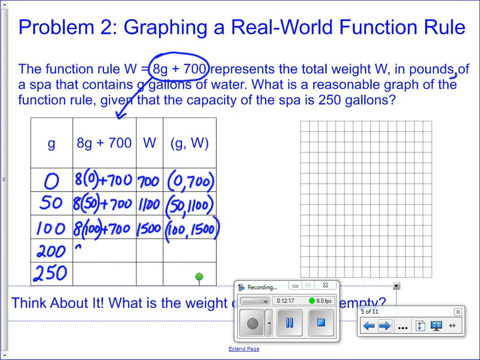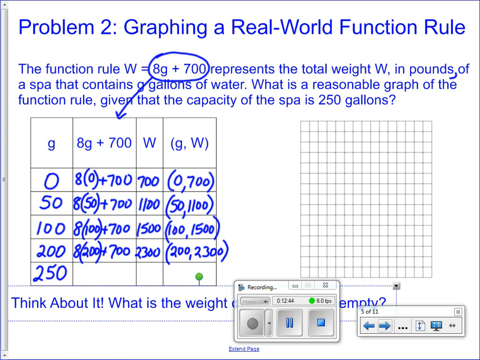All right, substituting in 200 and adding 700 to that. 8 times 200 is 1600, and plus 700 would be 2300. So I have the ordered pair 200 and 2300.